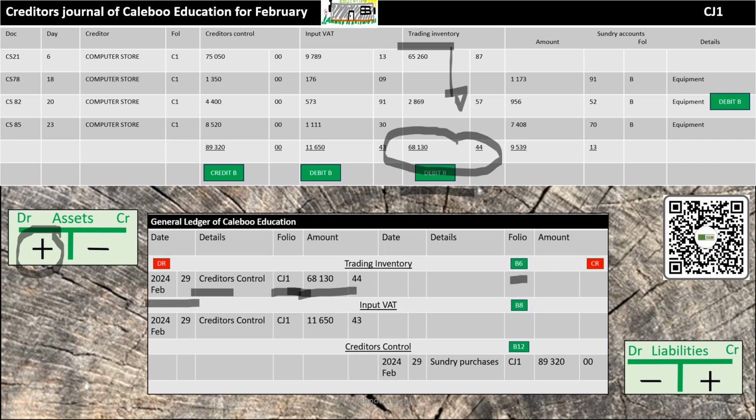What I will do in another video, all the transactions in this series, from the cash book receipts, the cash book payments, the petty cash, the debtors journal, all the journals, all the transactions, I will show you in an accounting table. Which account to debit, which account to credit, and the effect on the accounting equation.